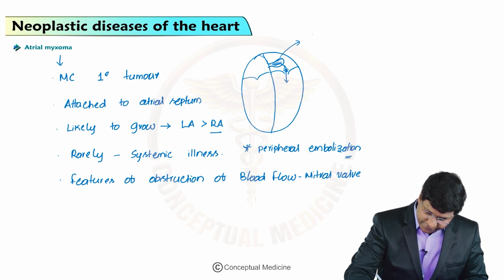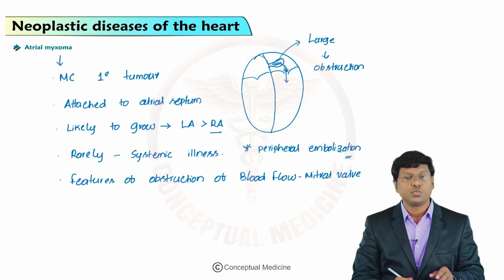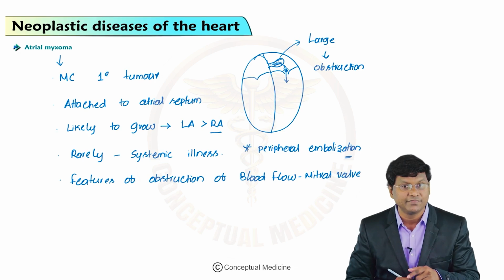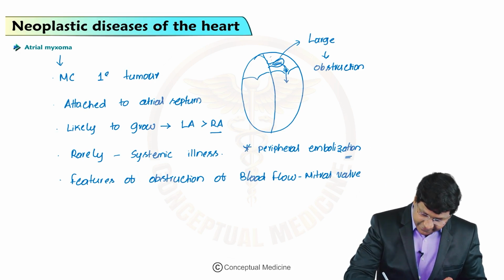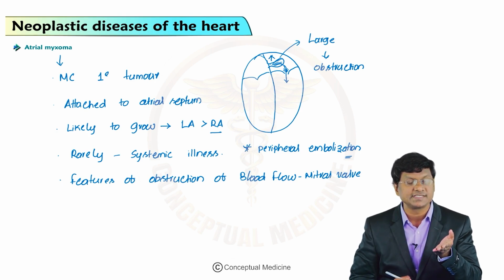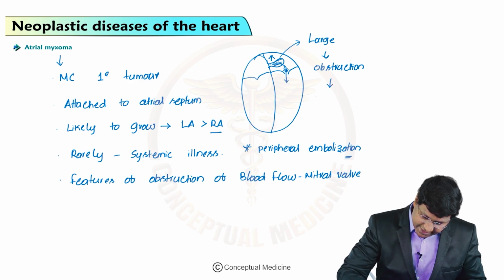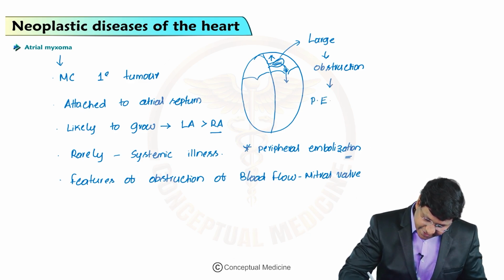Once there is obstruction at the mitral inflow, the left atrial pressure increases, subsequently pulmonary venous pressure increases, subsequently pulmonary capillary wedge pressure increases, and that will result in the development of pulmonary edema.